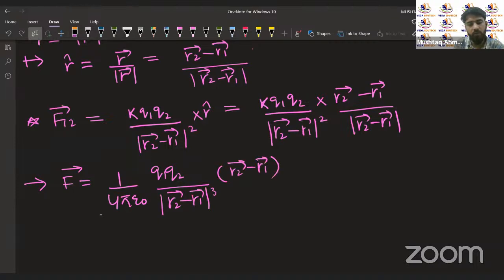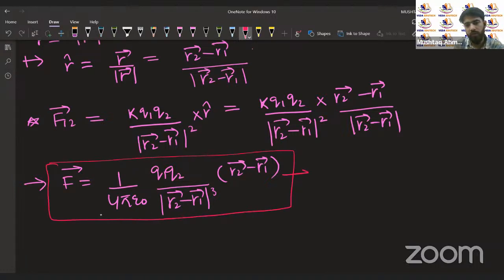So this is what we call the vector form of Coulomb's law.